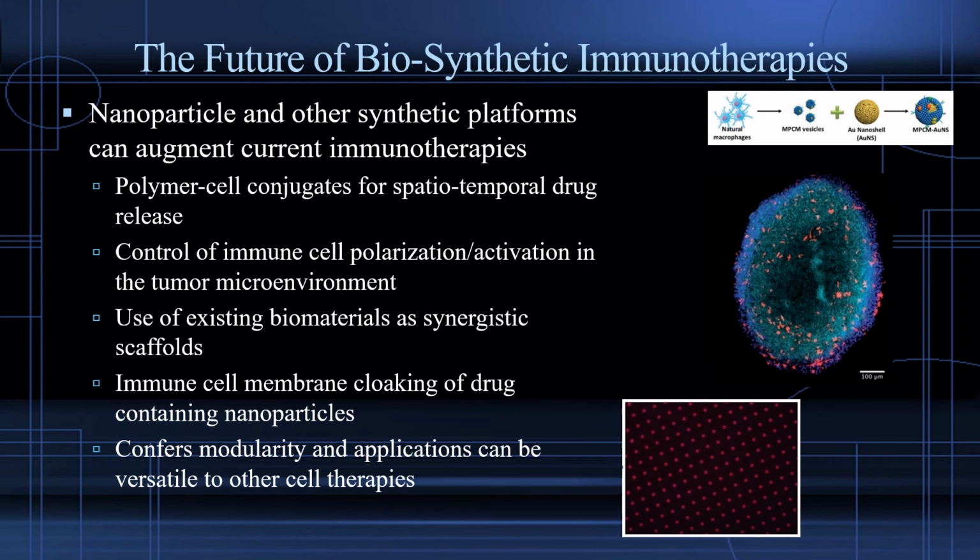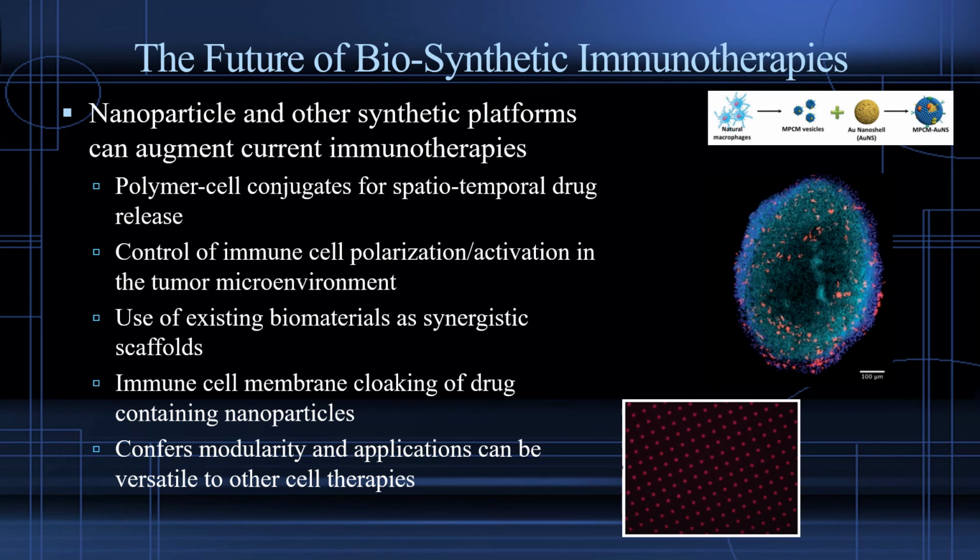So we saw polymer cell conjugates for controlled drug release with the nitrous oxide example. We saw control of immune cell polarization in the tumor microenvironment with the cell backpack example, and we saw the use of existing biomaterials as synergistic scaffolds with the CAR T-cell mesh example.